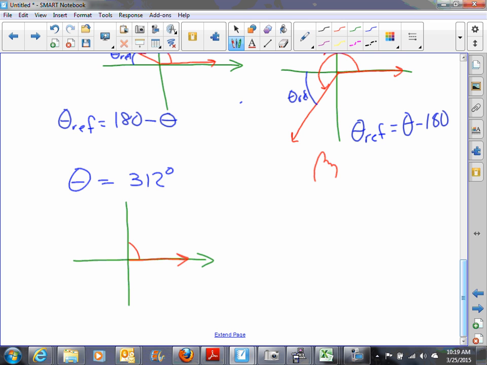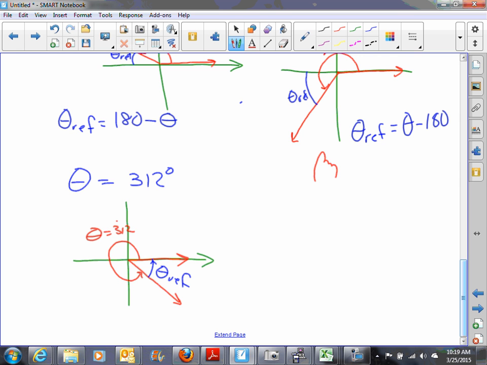Now that's more than 270, which is three quarters of the way around, less than 360. So the terminal side will be here someplace, and this is theta equals 312. Now, theta ref is the positive acute angle that the terminal ray makes with the x-axis. So this would be theta ref right here.